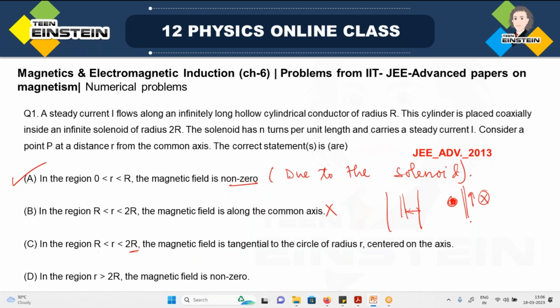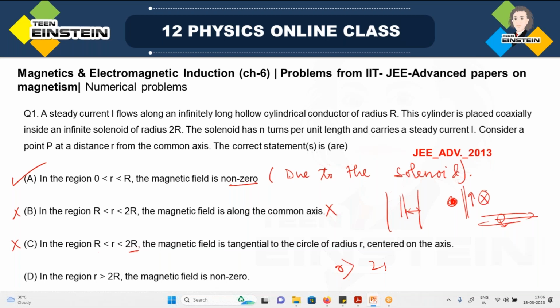The magnetic field due to the solenoid is axial, and due to the wire it is tangential to the circle. So that is also not true, because we have to see the combined effect of both the conductor and the solenoid.